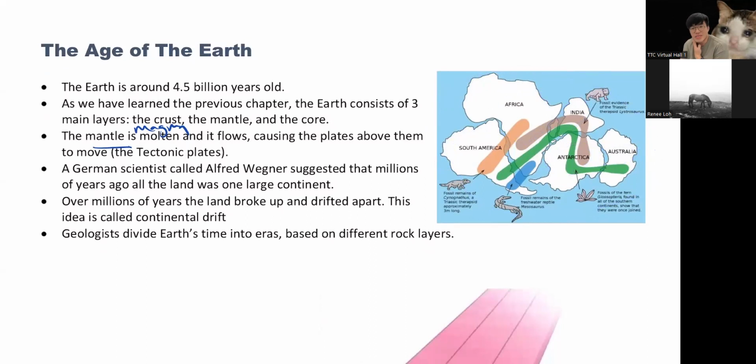There's a saying, I don't know whether you've heard it before, that humans all come from Africa. Africa is not connected to us, so how did we come from Africa? It's very far from us. Because we used to be stuck together. Then the plates started to move, and we went to different places.